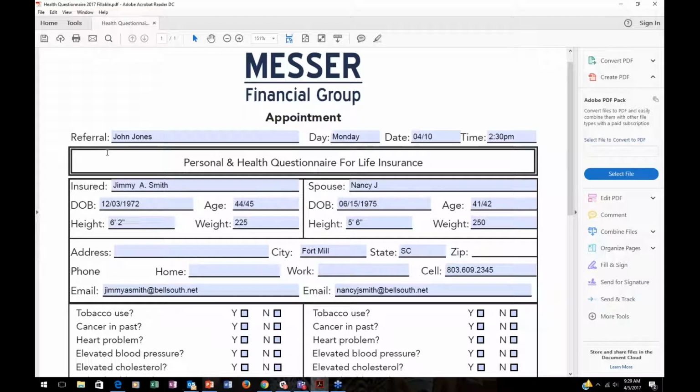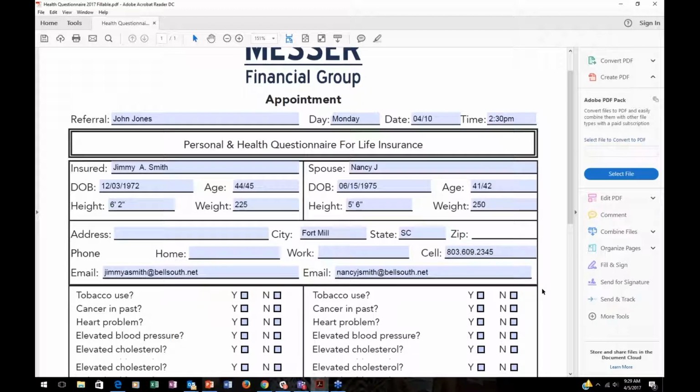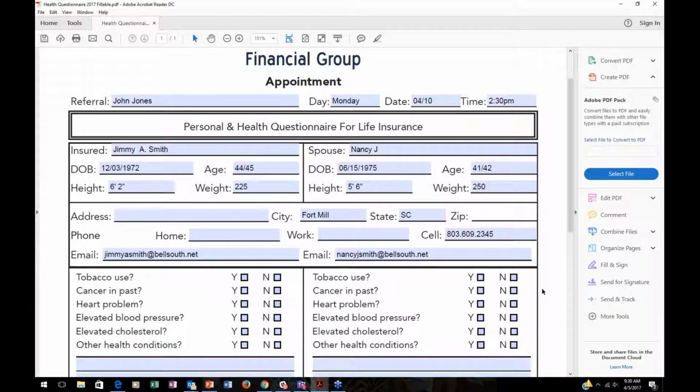So again, I'm trying to make my life and your life a lot easier by always having the information I need at a quick reference area.